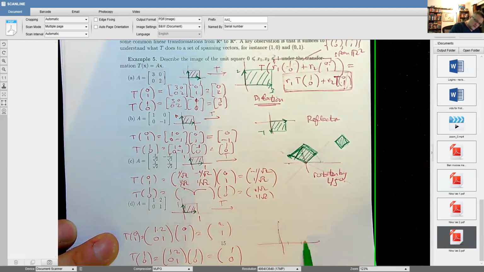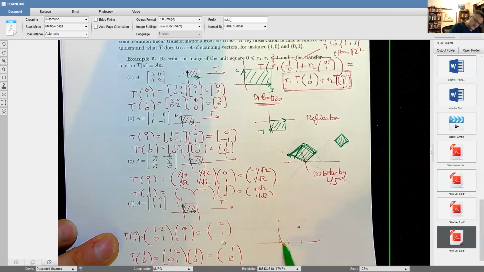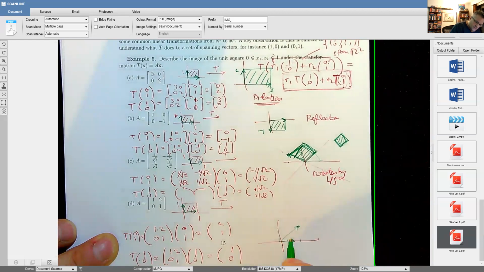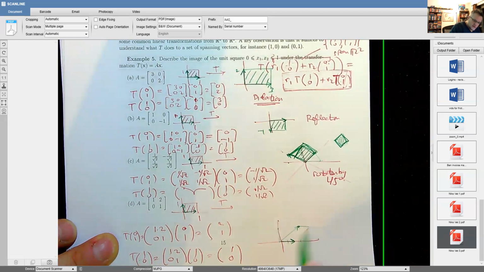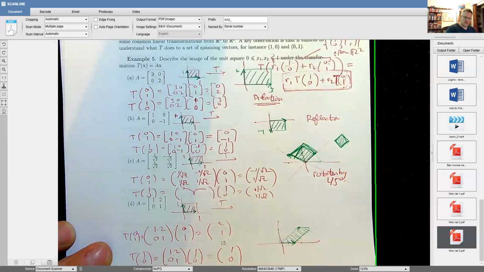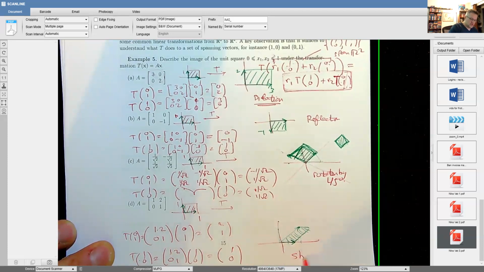Now (2, 1) is here. So I have that vector, and T of (1, 0) is (1, 0). So that hasn't changed. It's still this vector, right? And so this time you're getting kind of a stretched parallelogram, right? In comparison to what this unit square was. We call that a shear transformation.